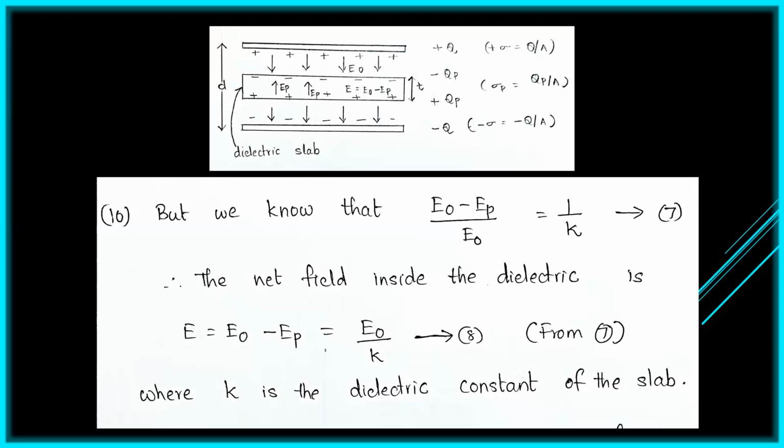Then you will get E naught minus EP is equal to E naught by K. Therefore, the net electric field inside the dielectric, E, is equal to E naught minus EP, that is equal to E naught by K. That is equation number 8, where K is the dielectric constant of the slab.